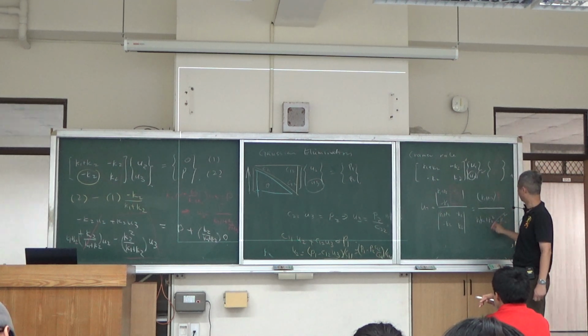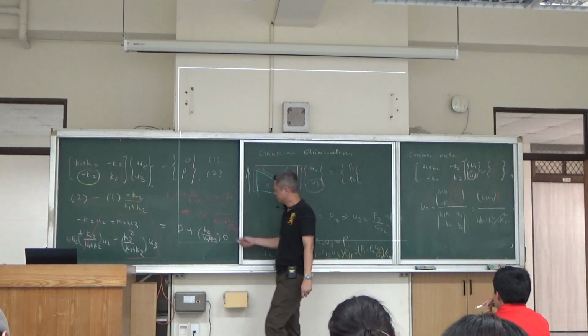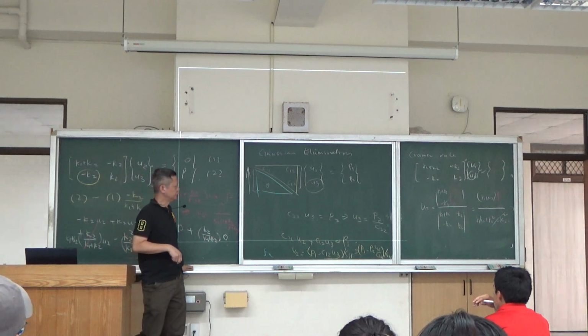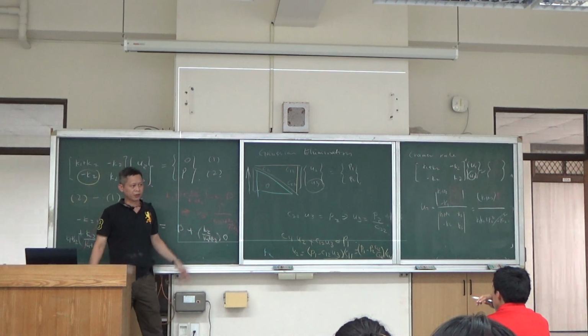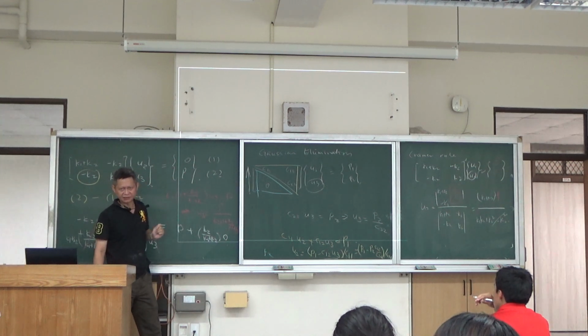Okay, cancel out. So the expression in the end must be equal. So if something is wrong, then yeah, you have to double check. Cramer's rule and Gaussian elimination should give you the same answer.